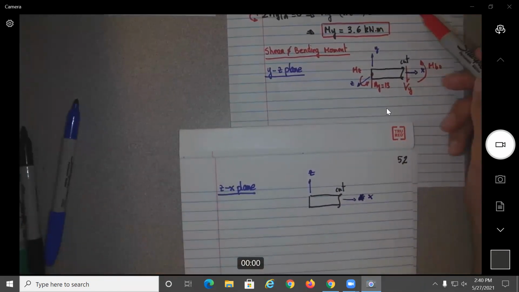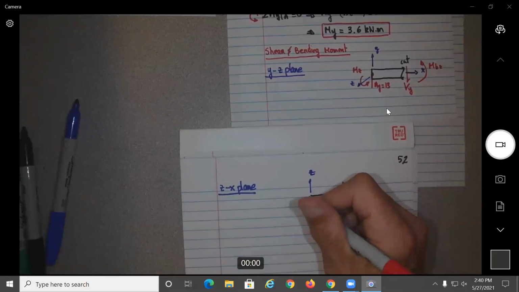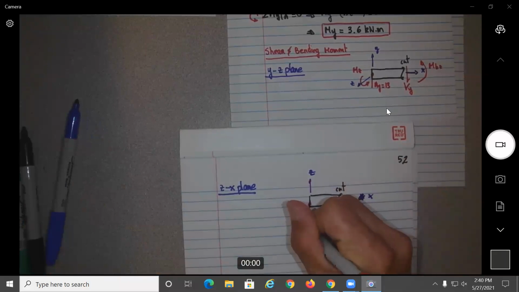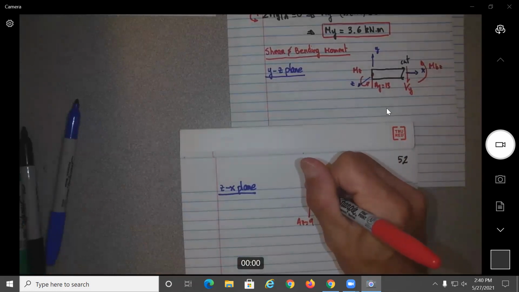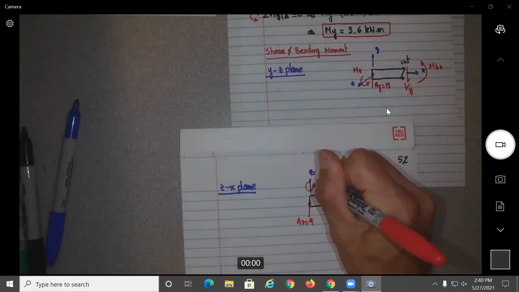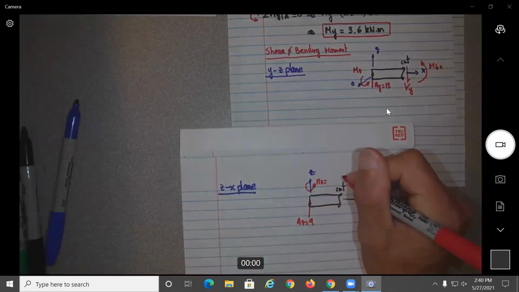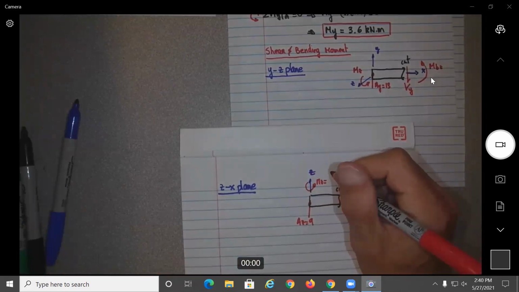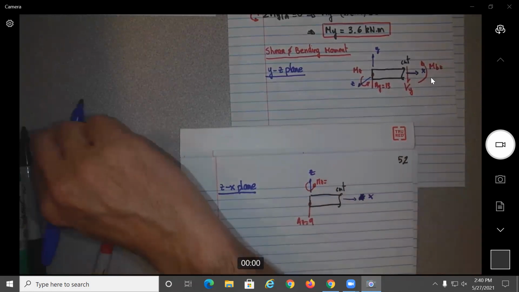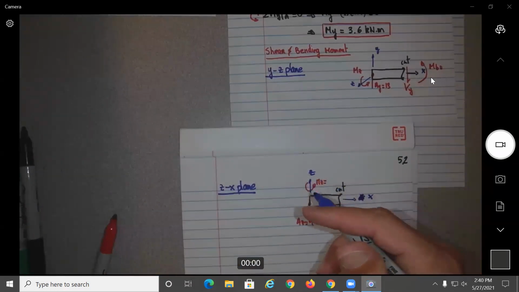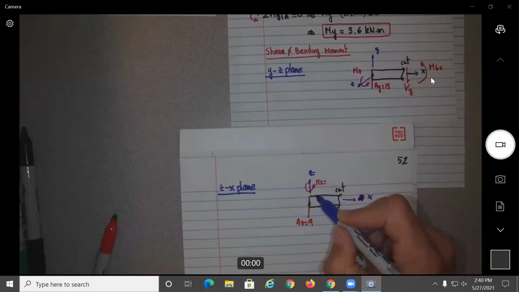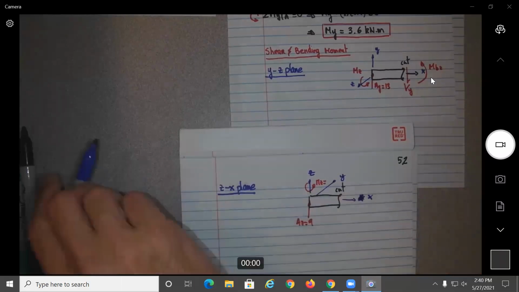So let's see, what do we find for AZ? AZ was equal to 9 kilonewtons, so AZ is like this. Then MZ is MY. Sorry, we need to look at the MY, not the MZ. So the X will be in that direction. Sorry for that. So forget about the MZ.